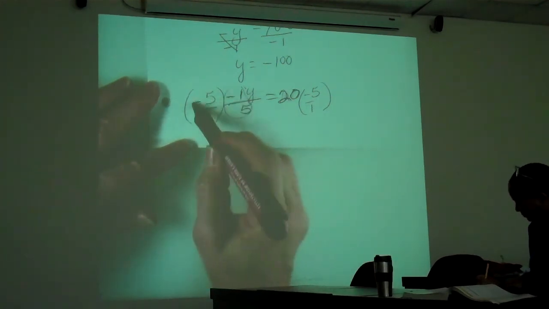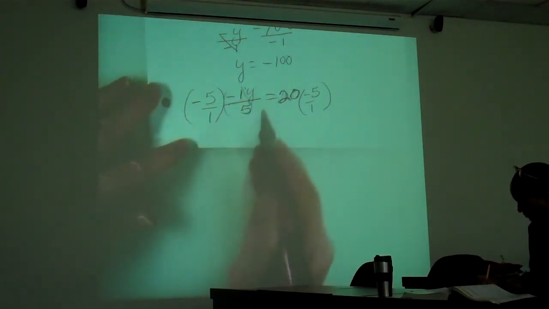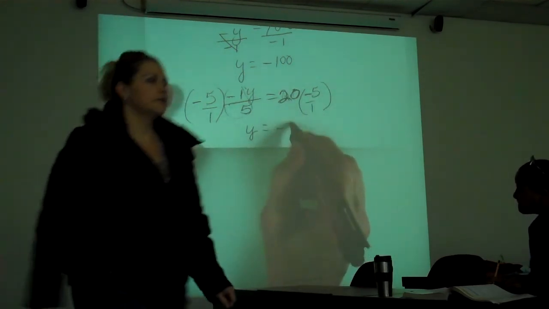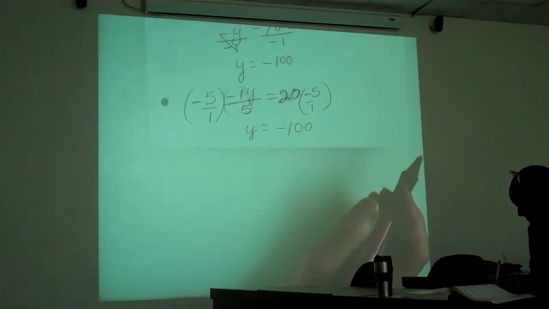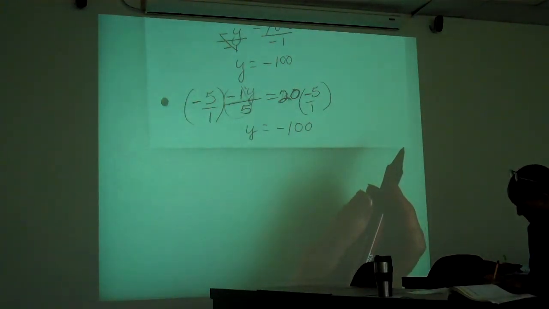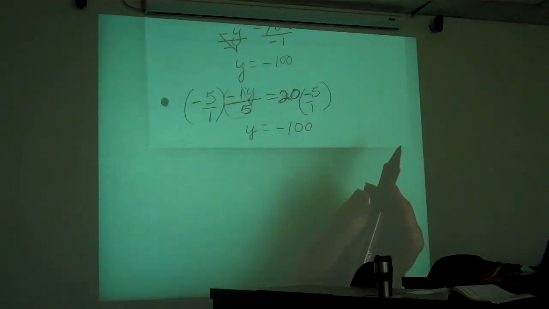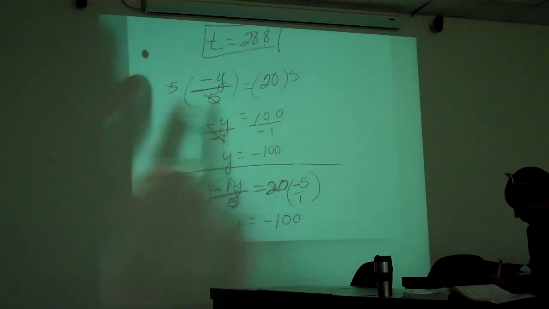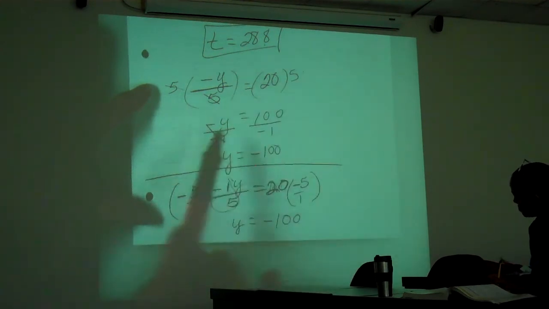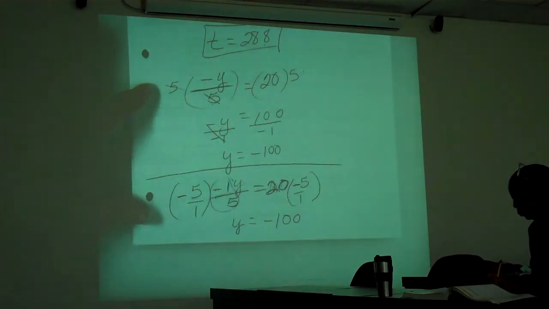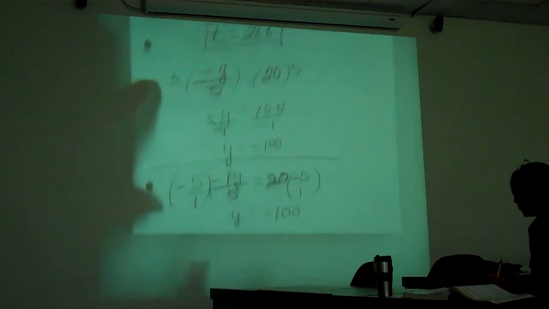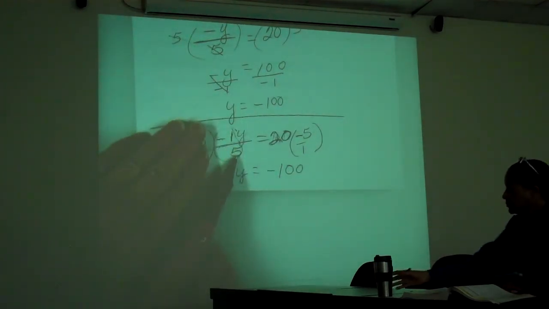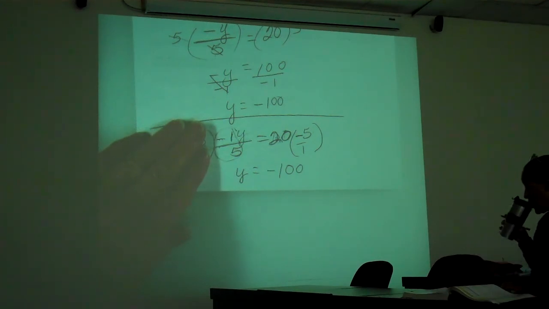See, negative times negative is positive. 5 over 5 is 1y. 20 times negative 5 is negative 100. So you could do it either way. You could multiply by 5, and then divide by -1, or you can multiply by the reciprocal, making this into a fraction and doing the reciprocal of it.